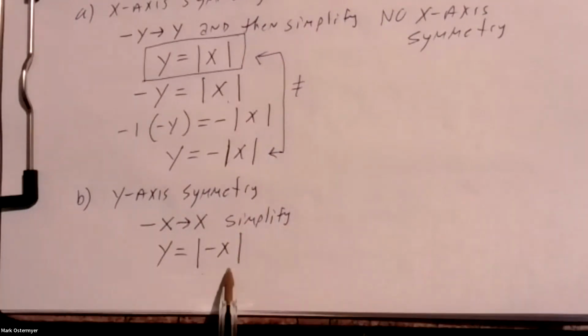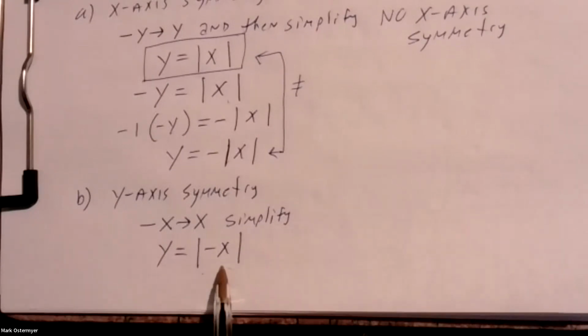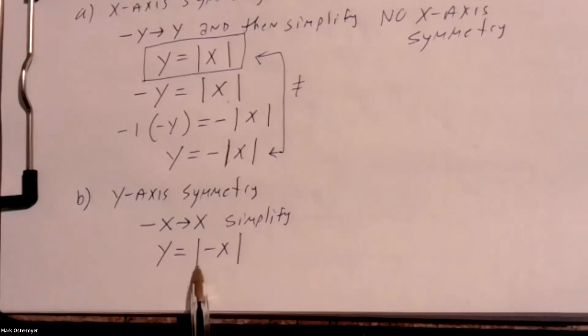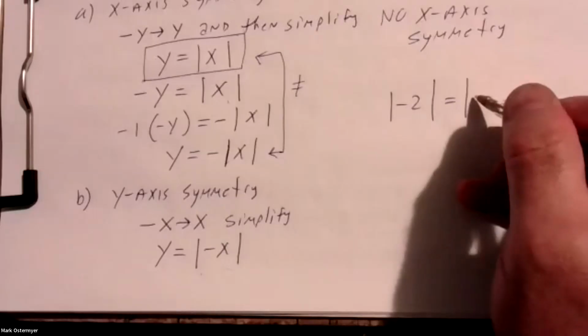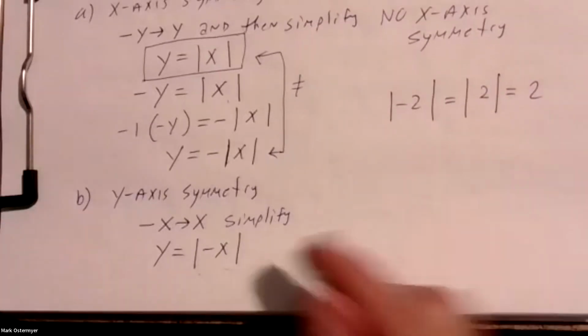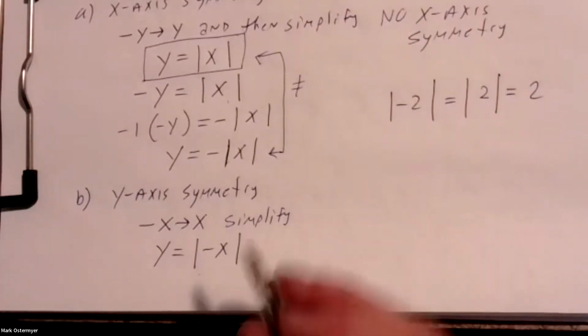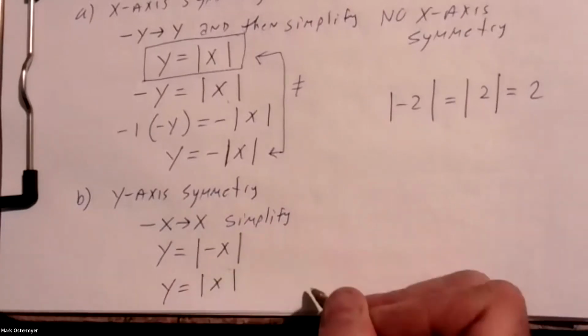Now I simplify. Can I get back my original equation, y = the absolute value of x? What's the absolute value of negative x? Just the absolute value of x. Isn't the absolute value of any negative number the same thing as the absolute value of the positive of that number? So the absolute value of negative x is just the absolute value of x.